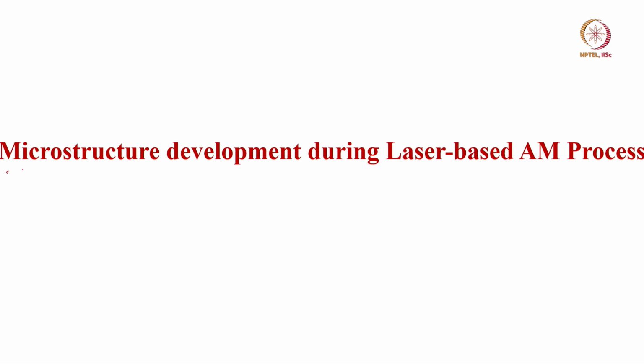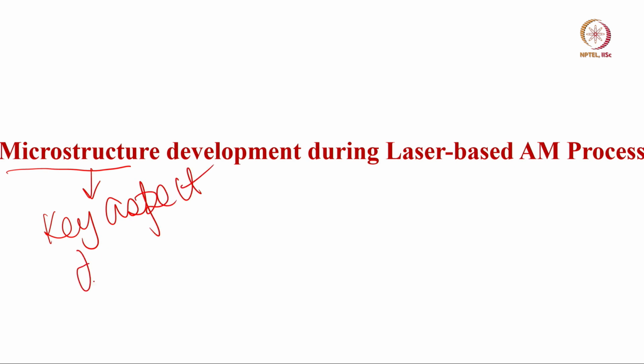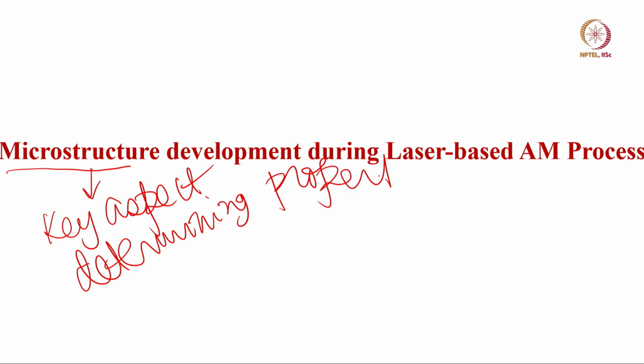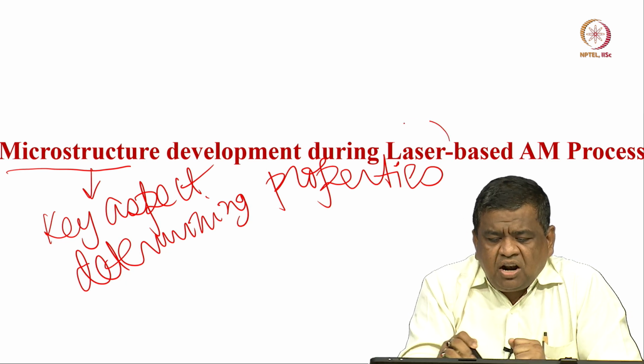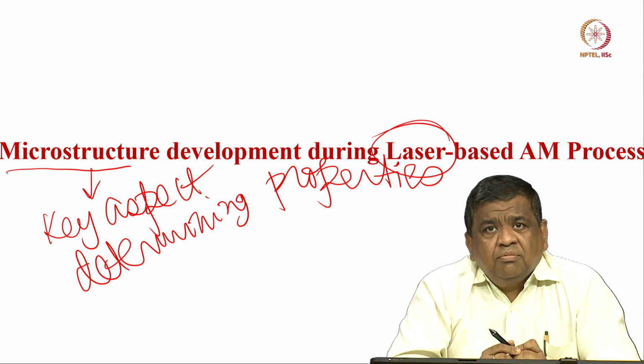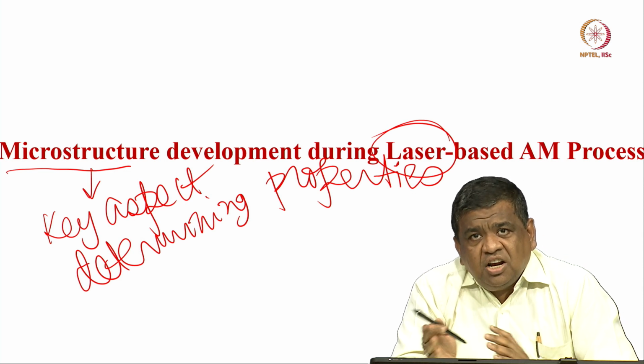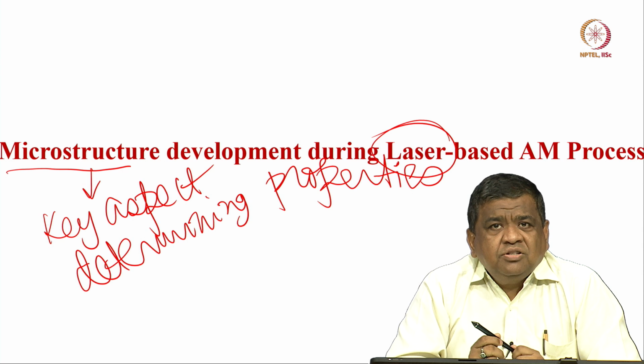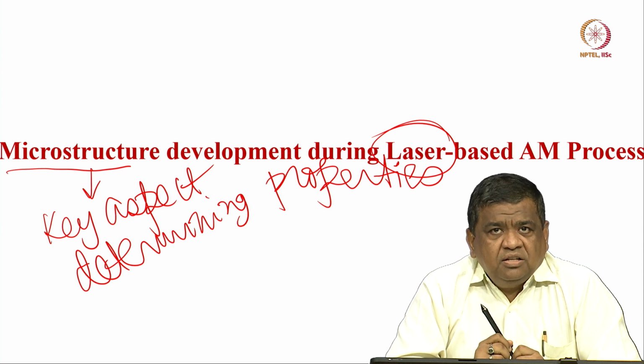Now, microstructure is the key aspect which determines the properties of any material, right. In additively manufactured materials, the way the laser beam interacts with the material determines the evolution of the microstructure, and the microstructure as a result will influence the properties of the materials. Okay.